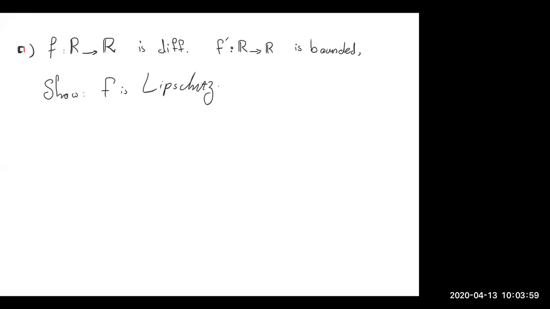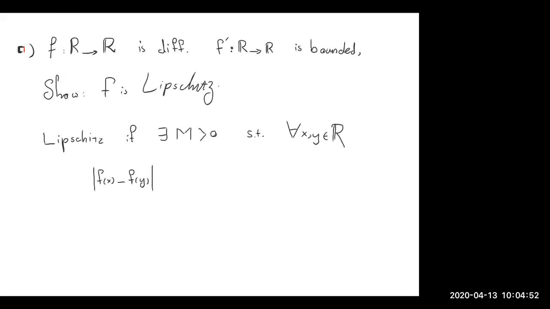Just to remind you, or if you don't know, to tell you what this means: we say a function f is Lipschitz if there exists a positive number, say m, such that for any two points x and y, here the domain is R, so we take these points in R, the absolute value of f of x minus f of y is less than or equal to m times the absolute value of x minus y.